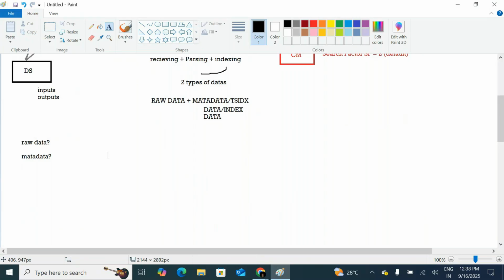To understand these 2 points, I will explain one example. Do you know a book? This is the book. You have a 300-page book. Of these 300 pages, 298 pages are raw data. The first 2 pages are metadata.